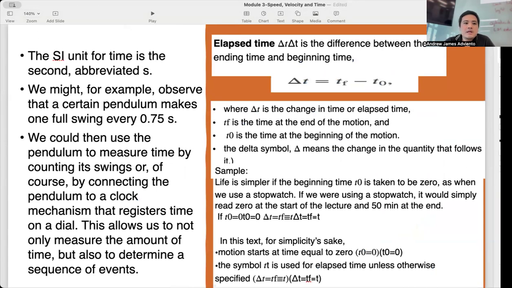Let's go to measuring time. The SI unit for time is the second, symbolized by a small letter s. Devices like clocks and pendulums help us measure time accurately and allow us to determine the sequence of events, what happens first and what happens next.